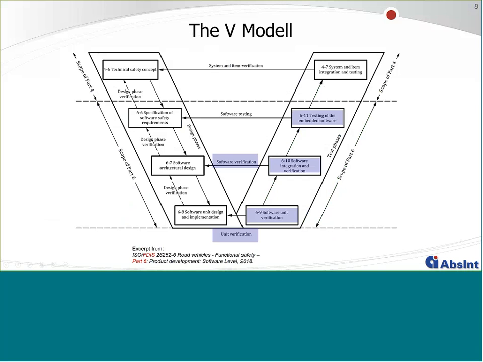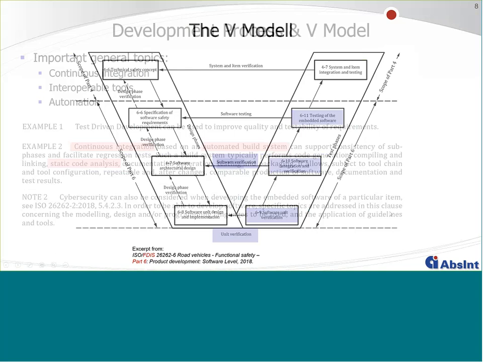When we are looking for verification activities, they are linked to the right-hand side of the V. And in the new version of the ISO 26262, you will see that here you have software unit verification, integration verification, which is clearly defined to include both static analysis and testing, and maybe some other techniques as well. And then in the end, you have high-level validation testing. So it's clear that verification activities are necessary in a well-structured development process.